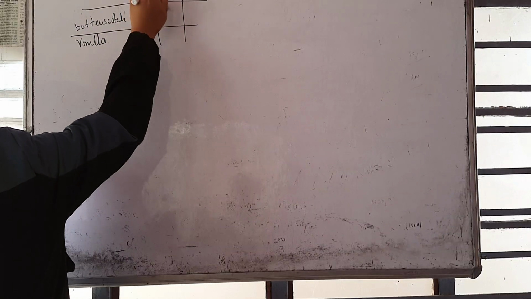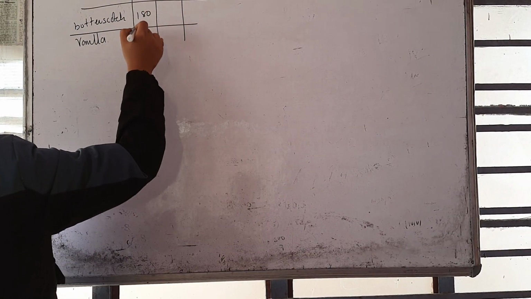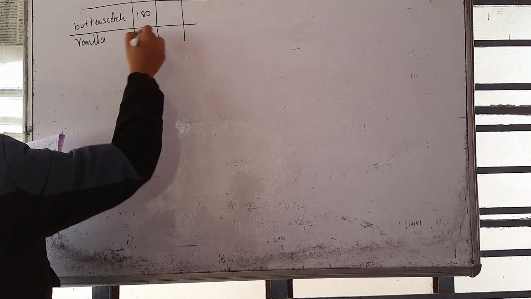What is the cost, guys? For butterscotch it is 180 and for vanilla it is 120.